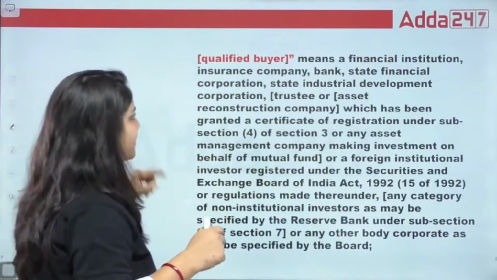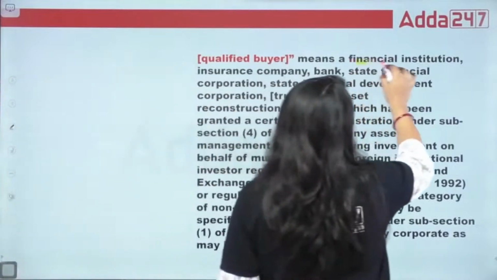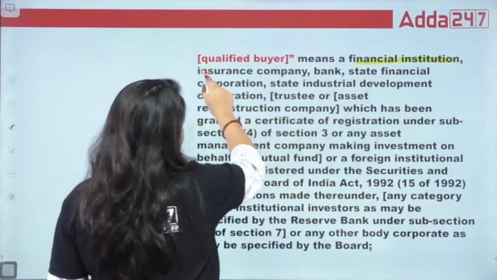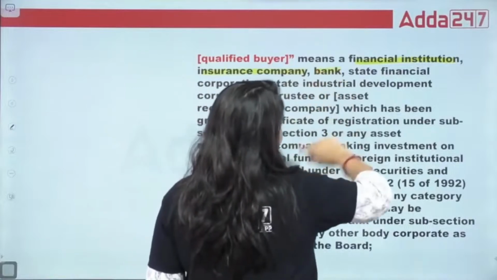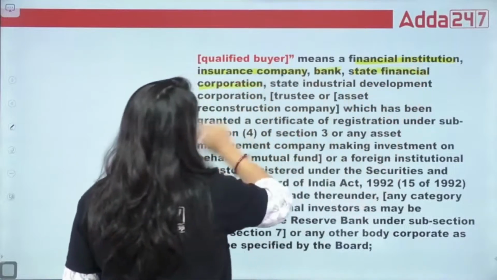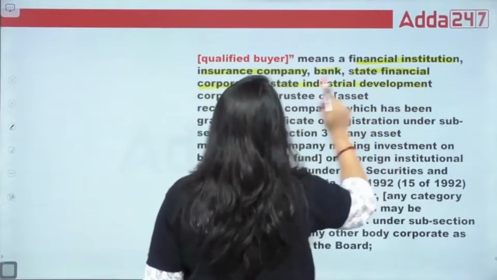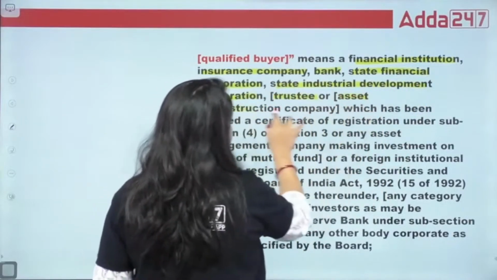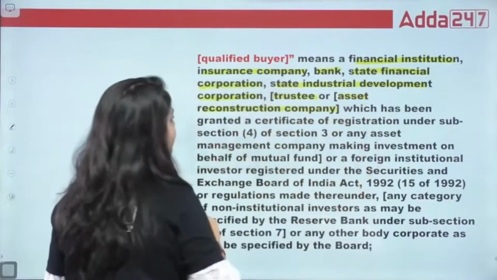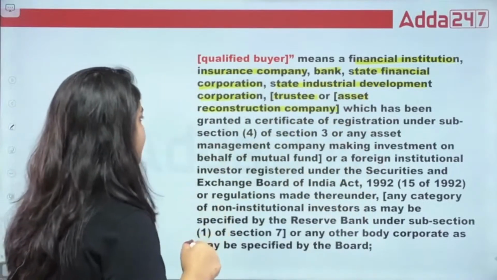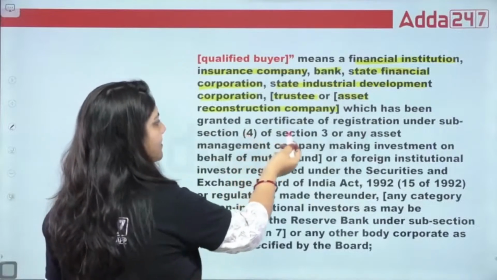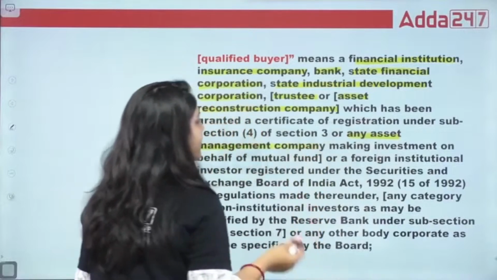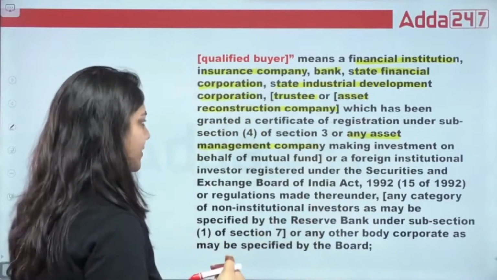Any financial institution, any insurance company, any bank, any state financial corporation, any state industrial development corporation, trustee, any ARC company which has been granted a certificate of registration under subsection 4(3), or any asset management company making investment on behalf of a mutual fund.